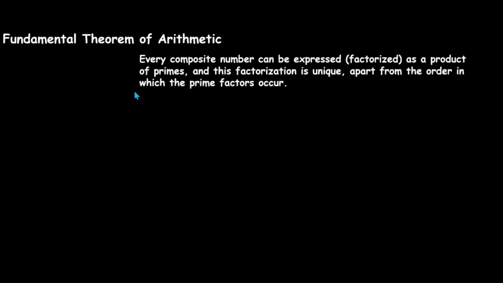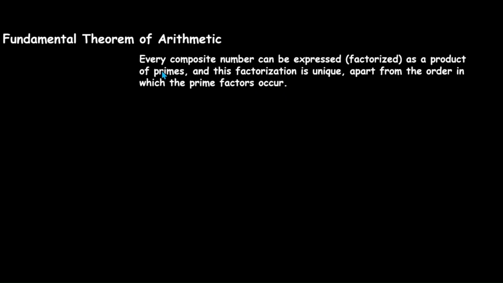So what this theorem says is that every composite number can be expressed or factorized as a product of primes. That means prime numbers. And when we do the prime factorization, the combination that comes up for this composite number is unique, apart from the order in which the prime factors occur.